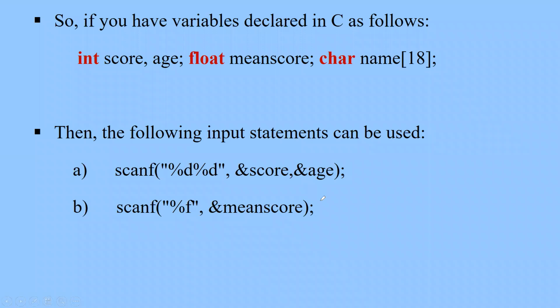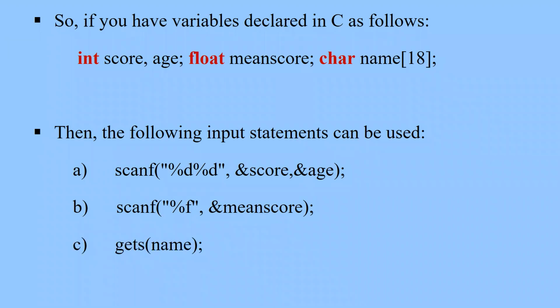It is telling the compiler: get or read one value, which is of type float, a number which is expected to have a fractional part. And that value is stored in the memory location called minscore.